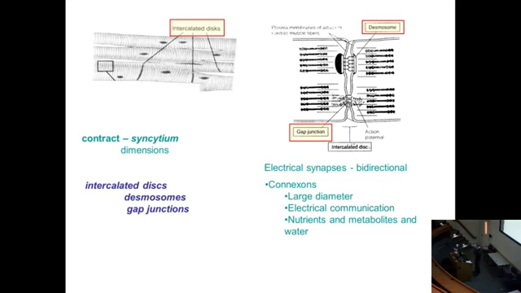These are what we call electrical synapses. They are literally 2 hemichannels that come together to form one channel that connects the cytosol of cell 1 to the cytosol of cell 2. So this allows ions to flow. So you have electrical communication, and nutrients and metabolites and water will flow, okay?